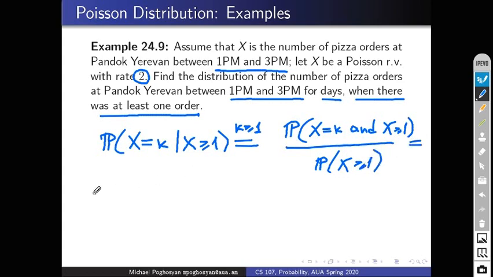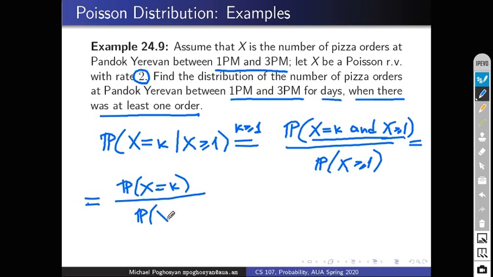Because K is larger or equal than 1, the event X is equal to, say, 3 and X is larger or equal than 1 is just X is equal to 3. So this is the same as the probability that X is equal to K over the probability that X is larger or equal than 1.